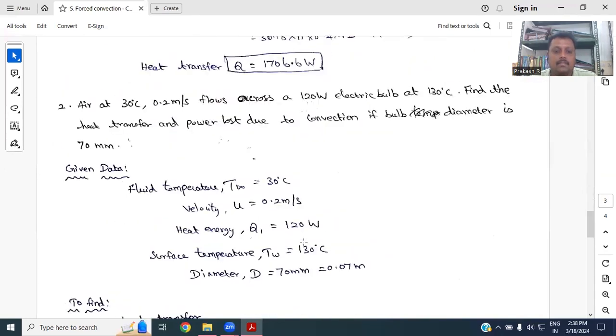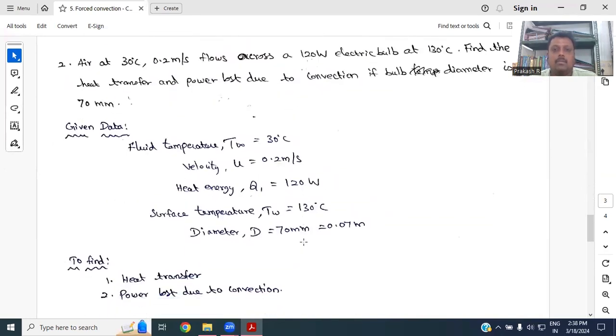And next, we need to solve a problem on a sphere. Third problem. Let us see the problem. The air at 30 degrees Celsius and 0.2 meter per second flows over a 120 watt electrical bulb at 130 degrees Celsius. The air at 30 degrees Celsius means the temperature of the air, that is the fluid temperature.